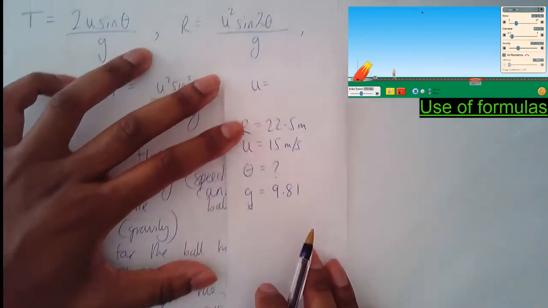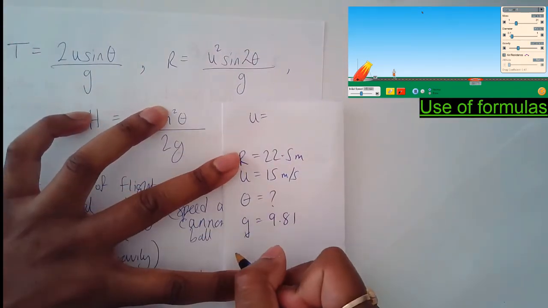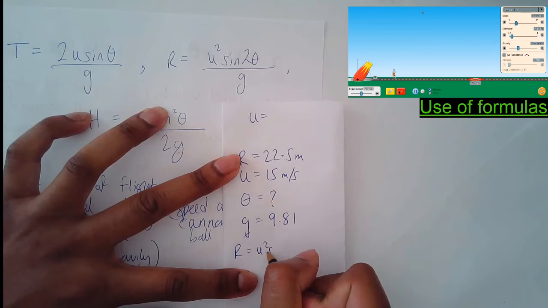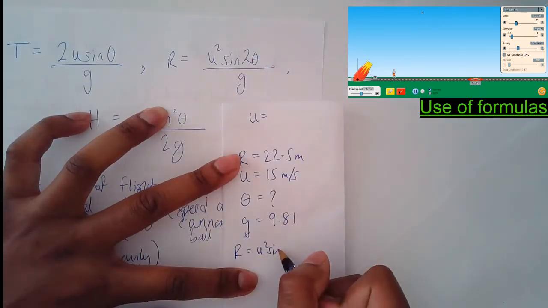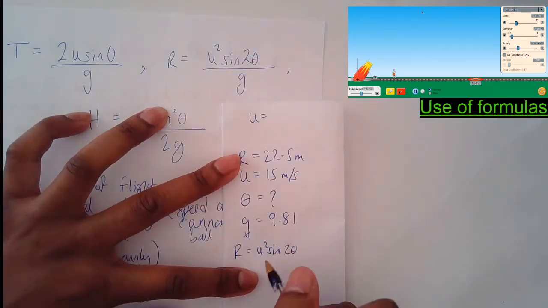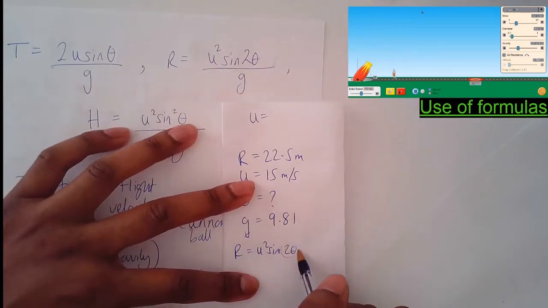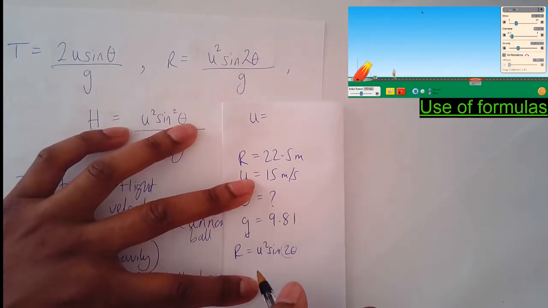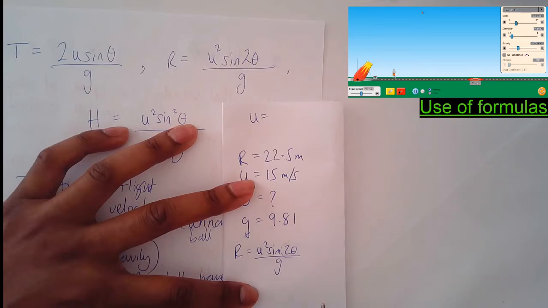So starting off with the formula, I'm copying that: sine 2 theta, 2 times theta. Remember, that's the angle, and that's G. What I need to do is work out that 2 theta.